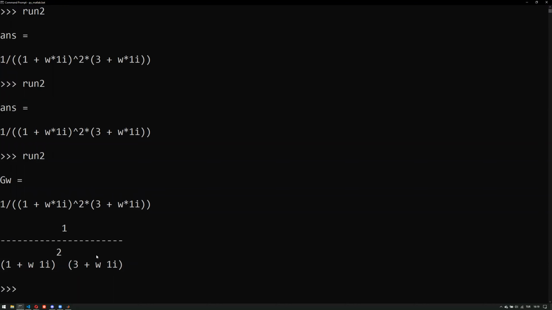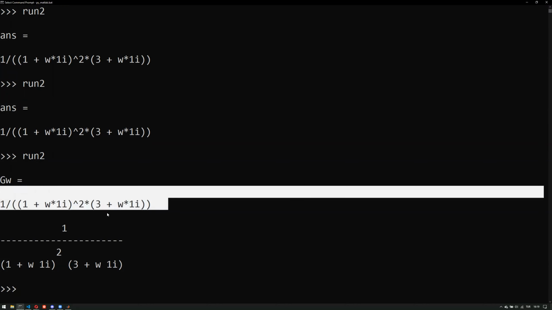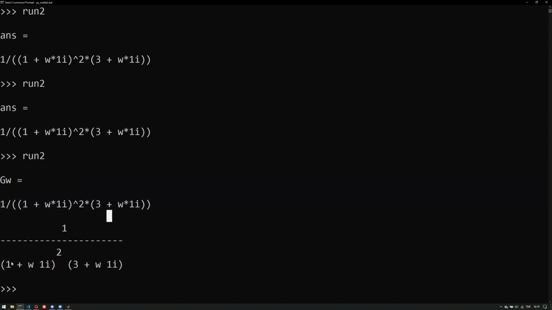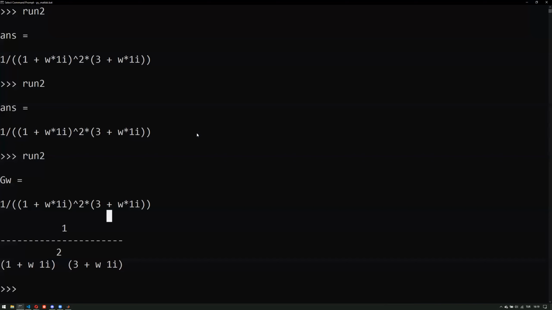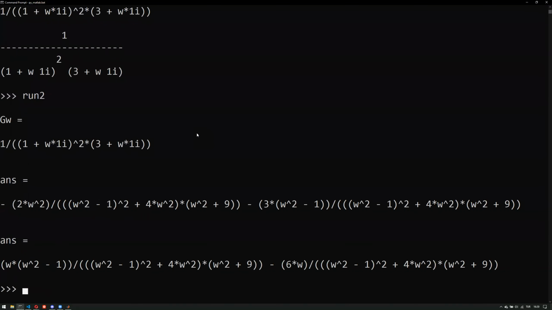Well, it didn't work out like I would have expected, but if you multiply with 1 minus omega i squared and then 3 minus omega i, then you'll be able to separate the imaginary and real parts, etc. So maybe real G omega and imaginary G omega will give us that. Yeah, it did probably give us that, but it's not really easy to read.